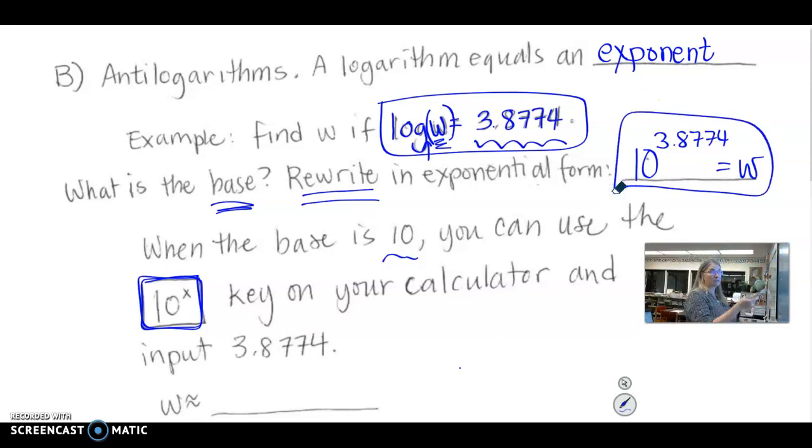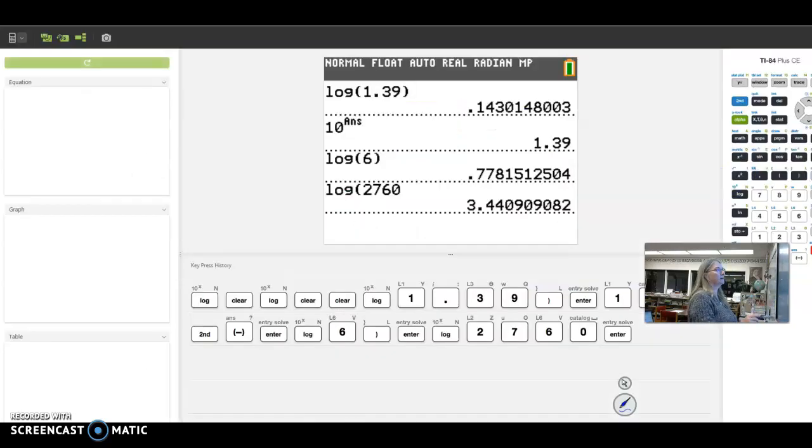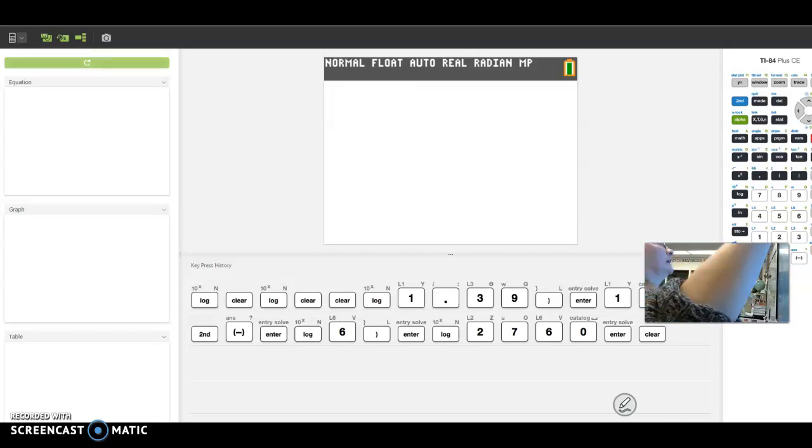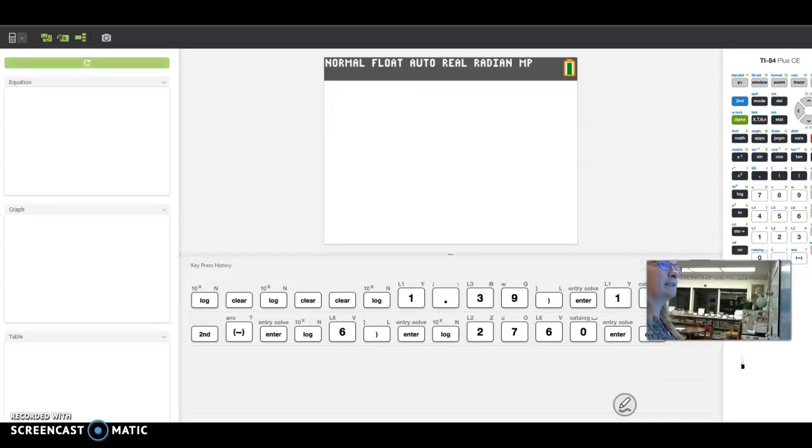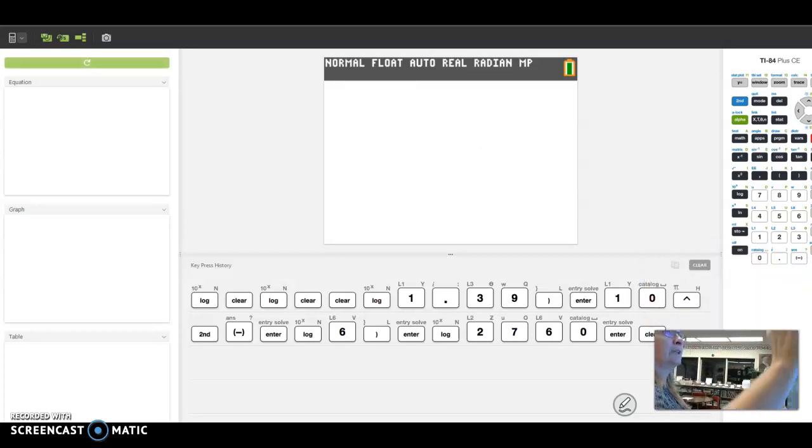So if you want to do this quickly, what you can do is hit the 10 to the x key on your calculator and then just input this exponent. So it looks like this. So let me clear that. The 10 to the x key is right above the log button, and so I need to hit the second because I need to get to that blue 10 to the x.